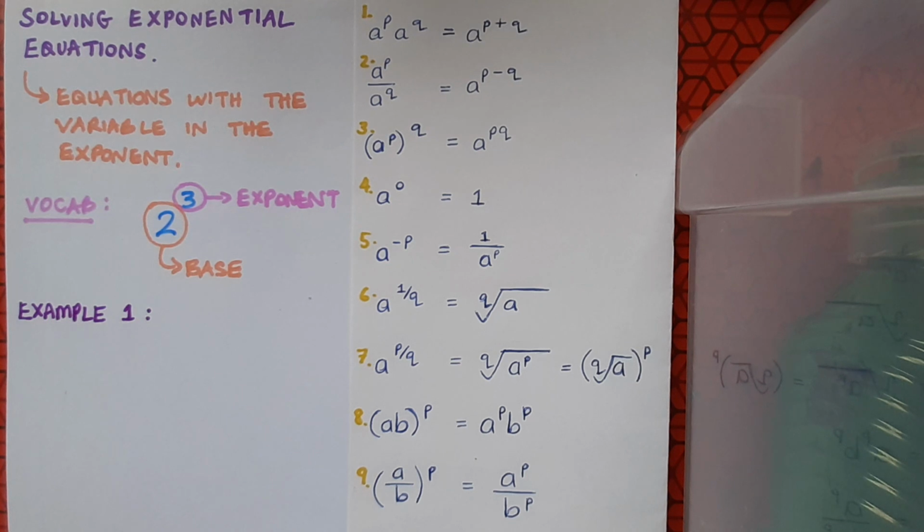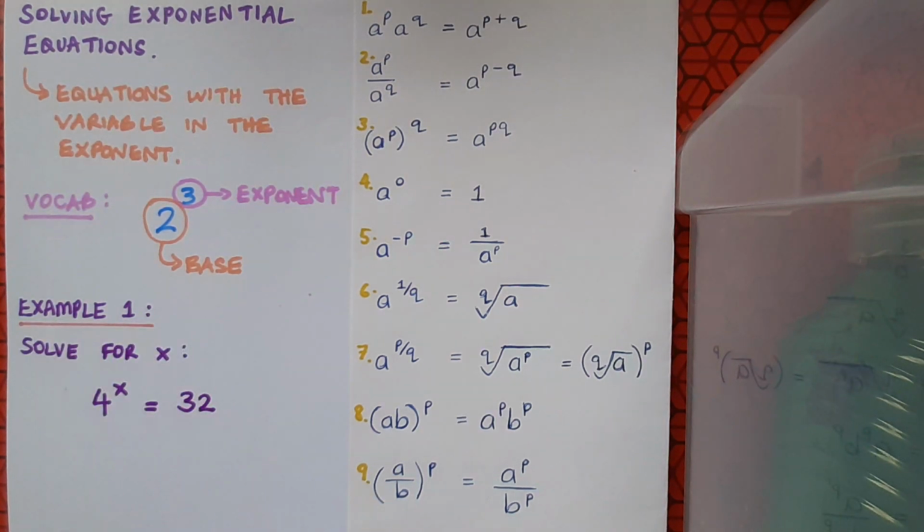So let's start off with a nice simple example. This question asks us to solve for x. We can see that the x, the variable, is in the exponent. So first of all, we're going to look to try and get the same base throughout our equation. Looking at the 4 and the 32, what base might work well for both of these?